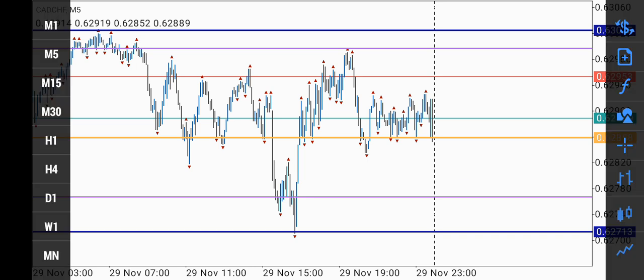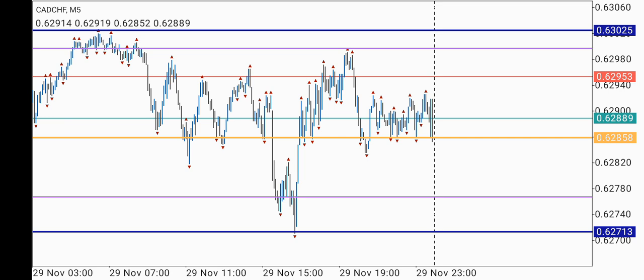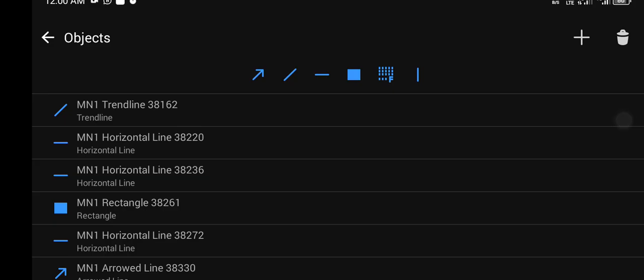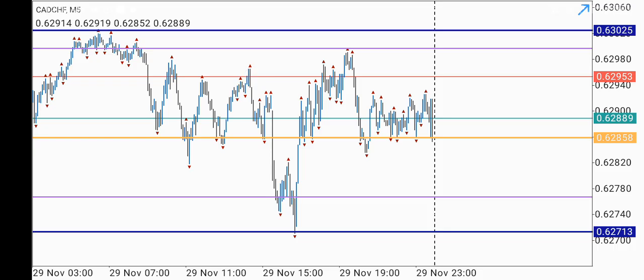Maybe after Monday, on Tuesday, or maybe late New York session PM, you can get a double top or W or M around this Monday, then you can take the trades, especially if it's still acting below this particular price here. We take our sell position.